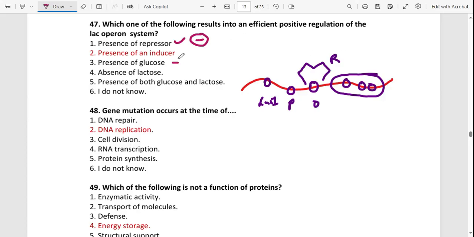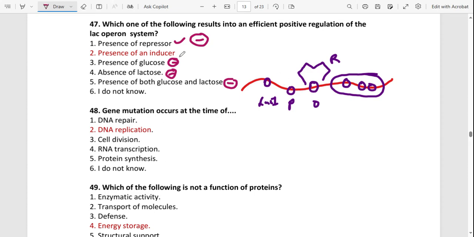The presence of glucose also inhibits. Absence of lactose also inhibits. Presence of both glucose and lactose also inhibit. As long as glucose is there, the lac operon will not work. The lac operon only works when you don't have glucose and you have got lactose. Because once you have got no glucose, the body wants another way by which it's going to make energy. That's when you break down lactose.